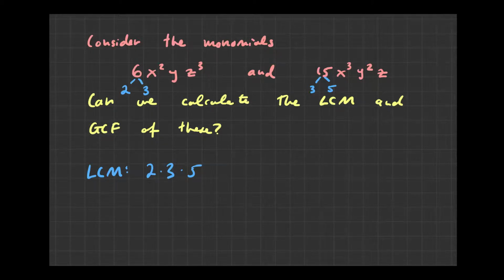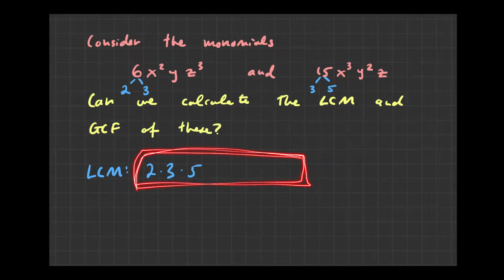Am I going to have an x in the LCM here? Yeah, I'm definitely going to have an x. How many x's am I going to have? Why do you say 3?